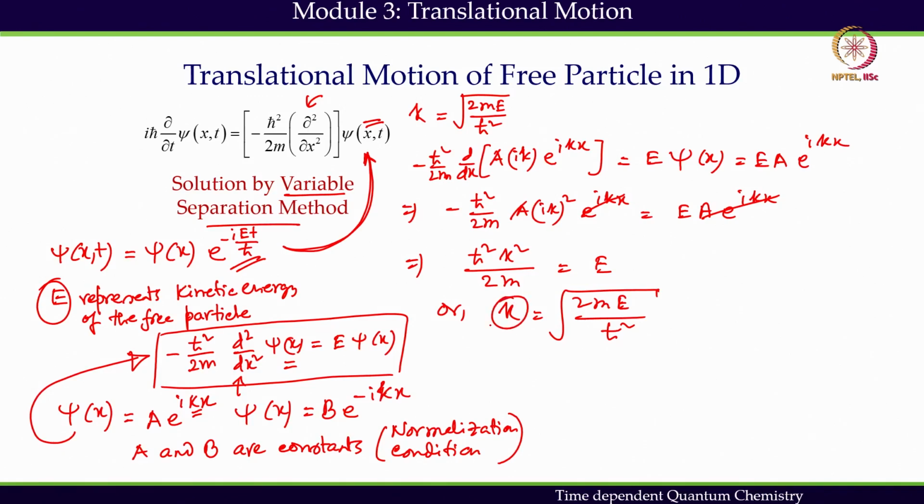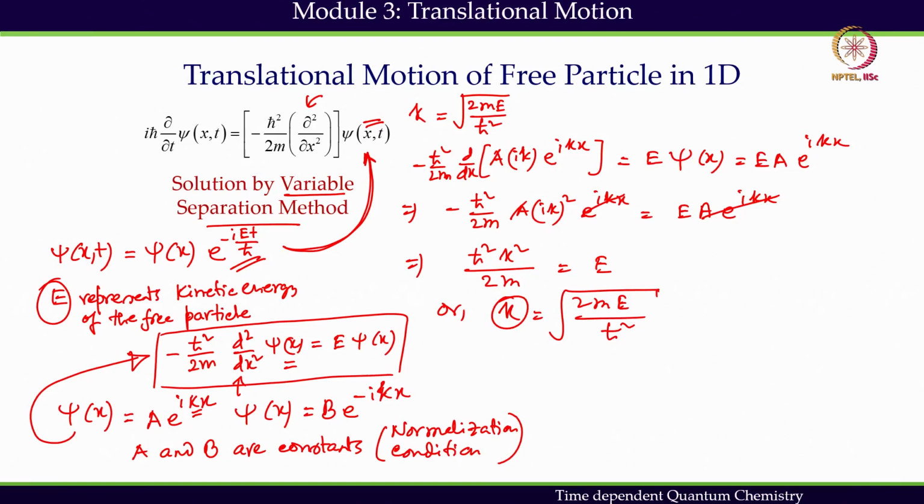This is called wave number. It is related to the wave vector of the particle, because each time I am using particle, but remember it is not like this. What is the actual form of that particle in quantum mechanics, that will be presented very soon.